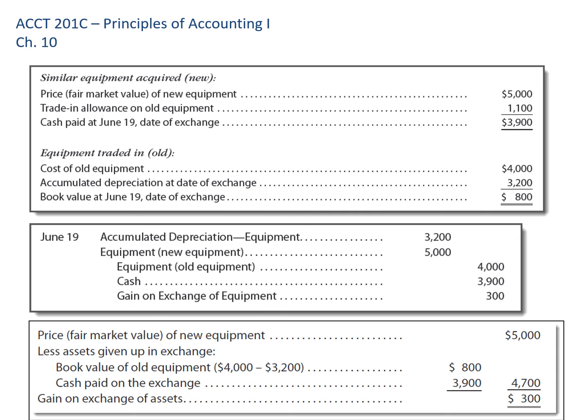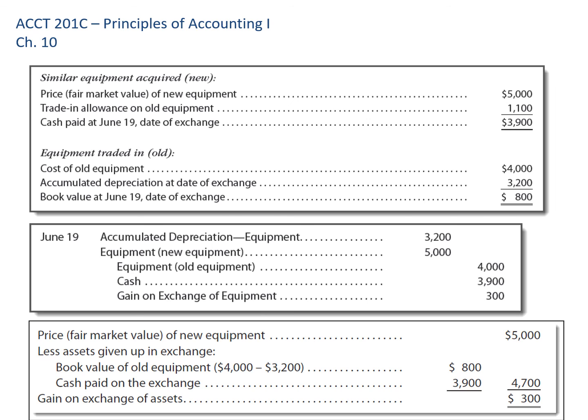So in this case here, I can go ahead and build the entries. The first thing I'm going to do is put the new equipment on the books. So you see the second debit there, equipment, and it's helpful if you label it in parentheses new or old to keep straight track of that. So the new equipment is going to go on at its market value of $5,000. That's step one. Step two, I'm going to remove the old equipment. So I'm going to debit accumulated depreciation for $3,200.